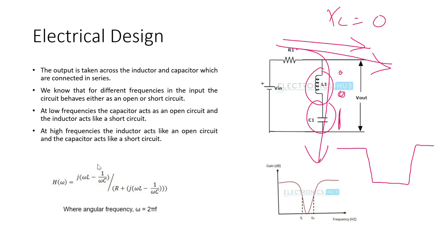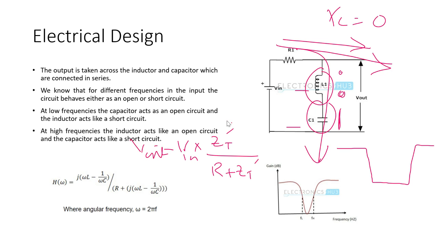Its system response, or V out, can be calculated as V in multiplied by the impedance of this, which we will call ZT dash, divided by R plus ZT dash. That will be equal to our V out.